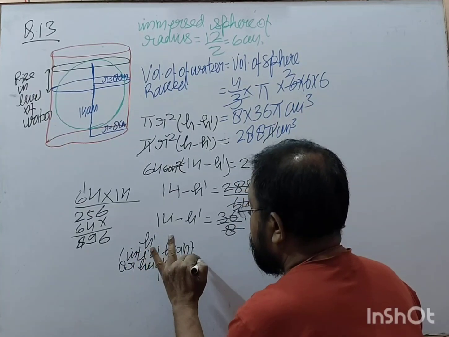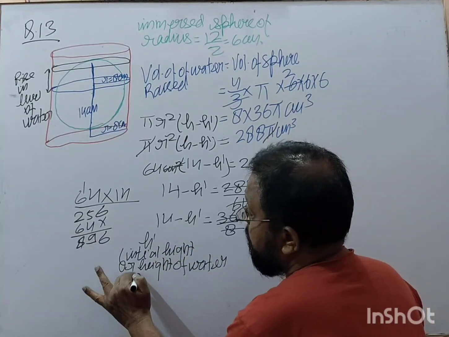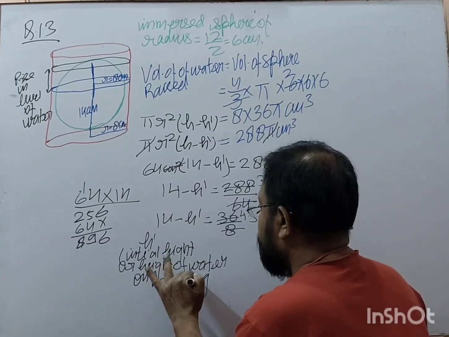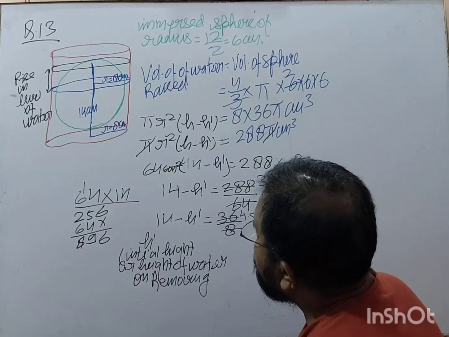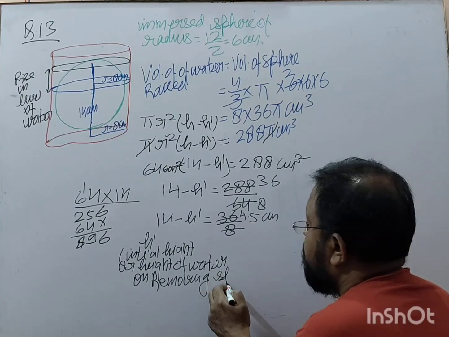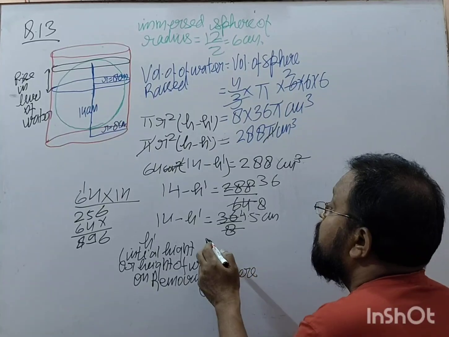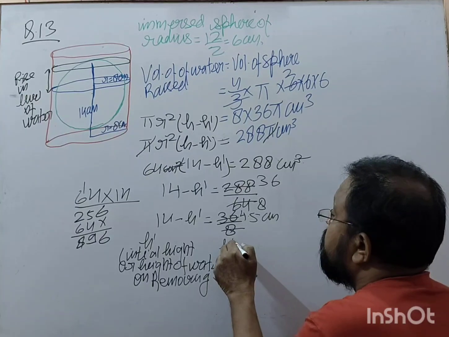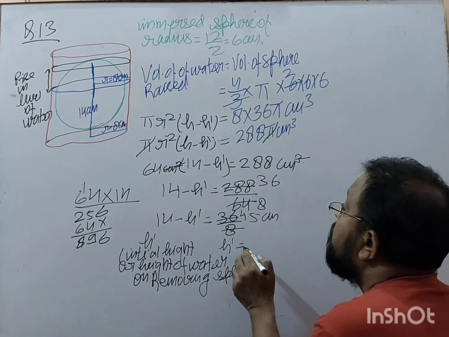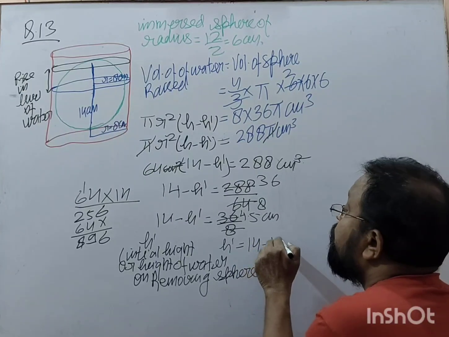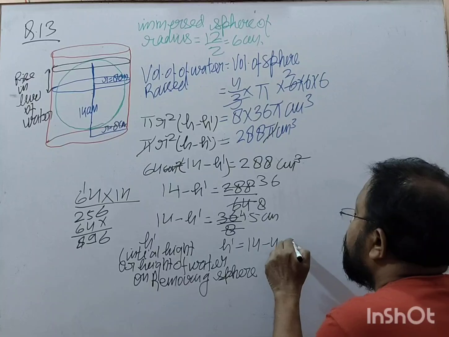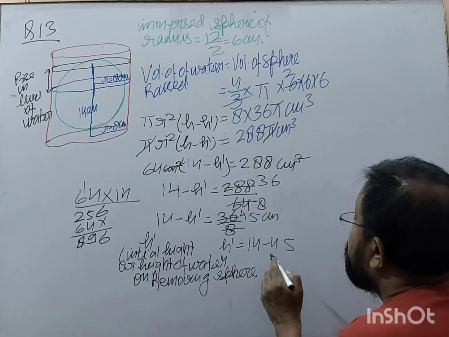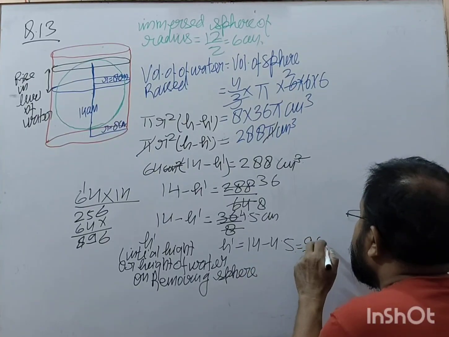Height of water on removing the sphere, h dash is equal to 14 minus 4.5, it's 9.5 centimeter.